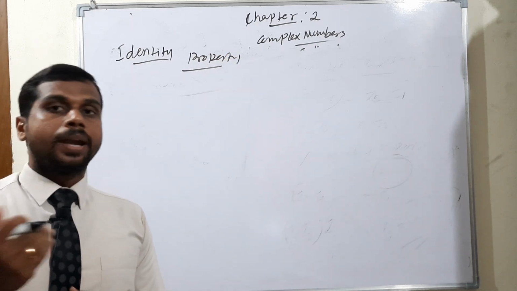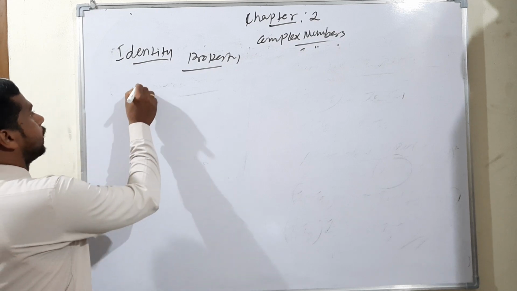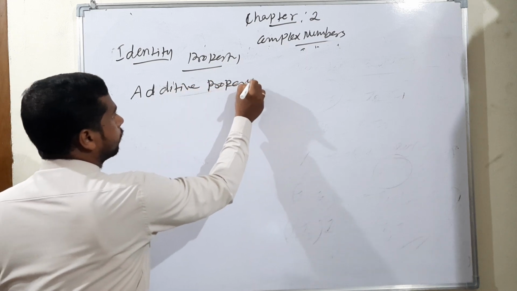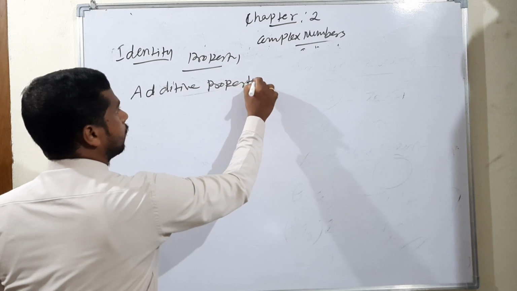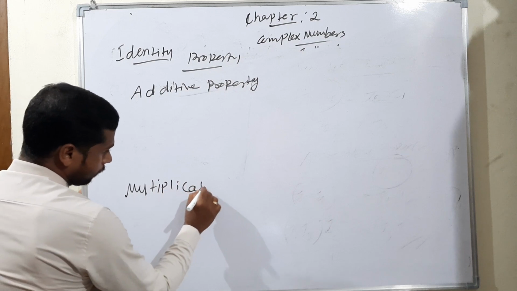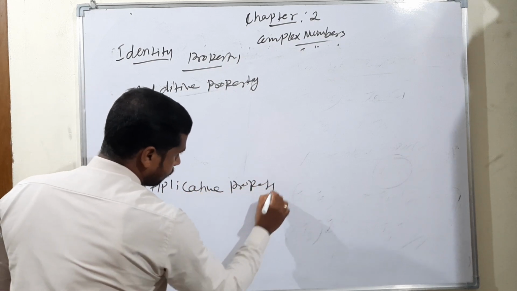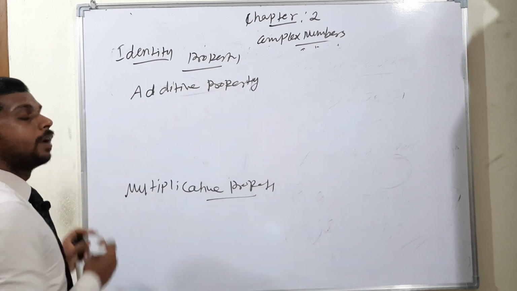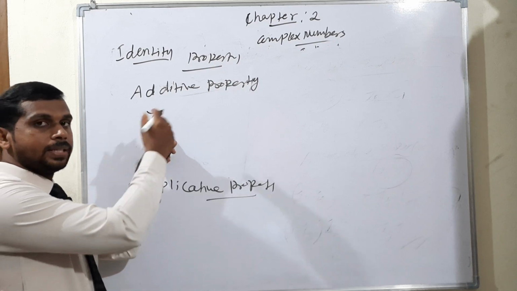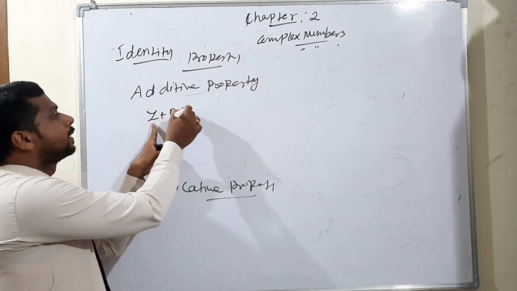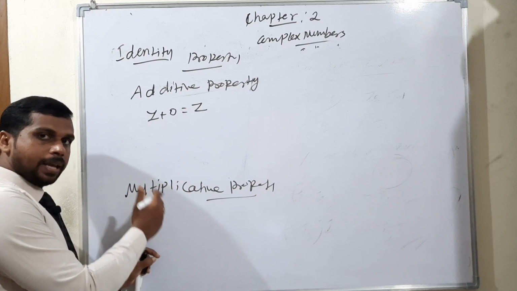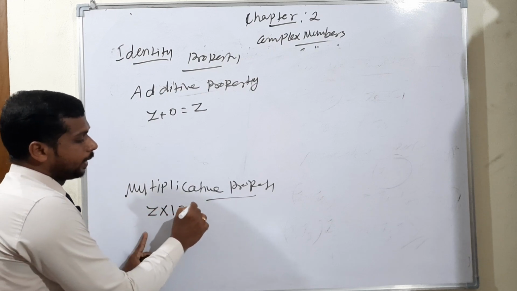Identity under addition is called additive identity. Under multiplication it is called multiplicative identity. For the additive identity, we have one complex number Z. When you add any zero term, definitely Z will come, the result will be the same. Here also Z is the input; when you multiply by 1, we get Z.